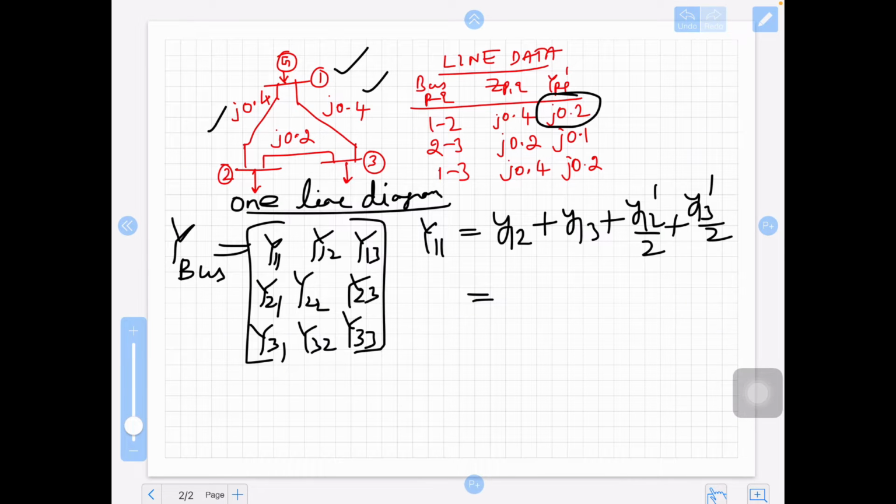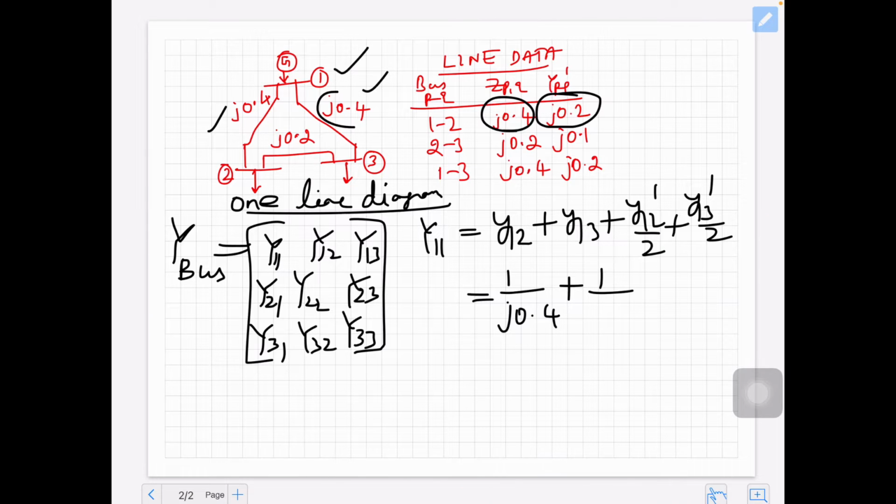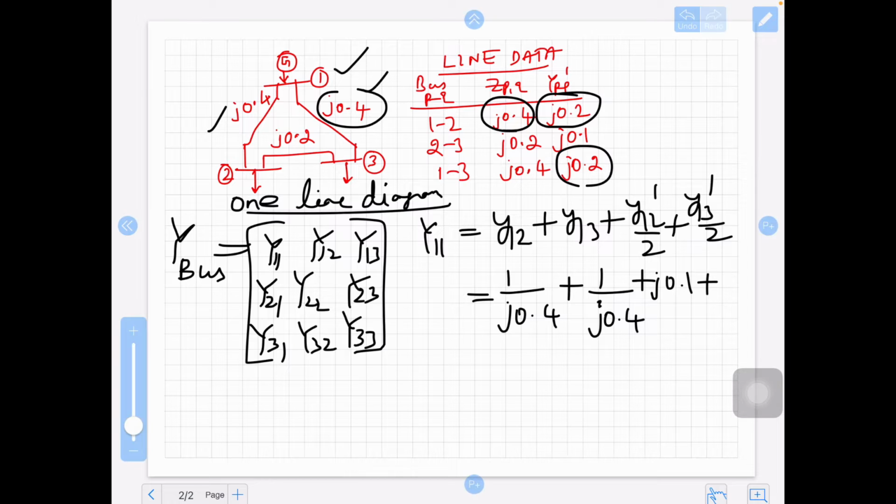Y12 is 1 divided by Z12, which is given, and Y12 dash is given as 0.1 plus j 0.1, half of that.